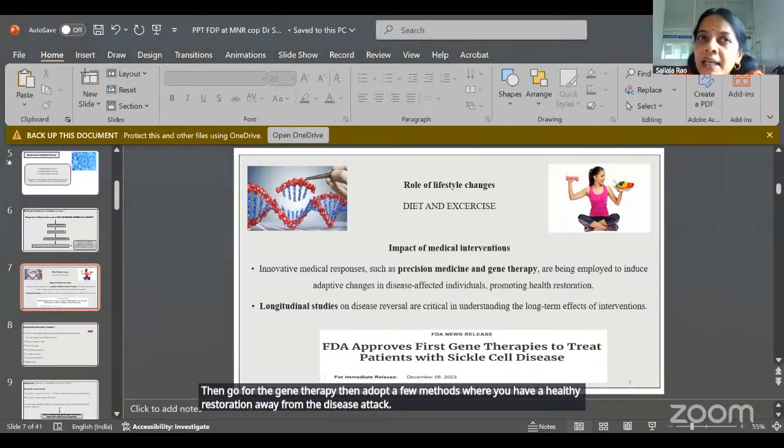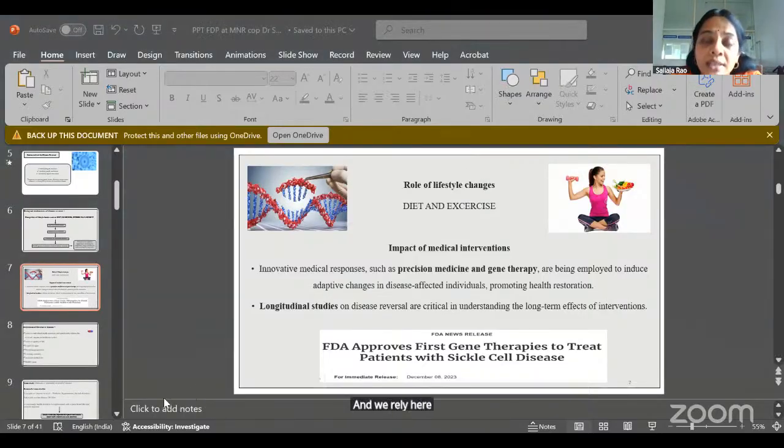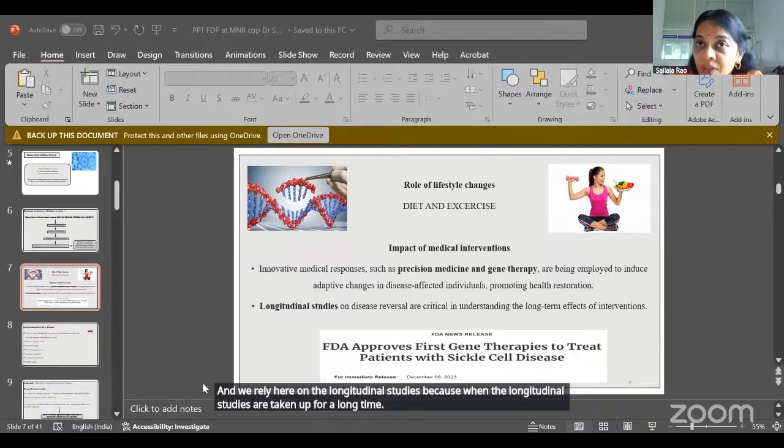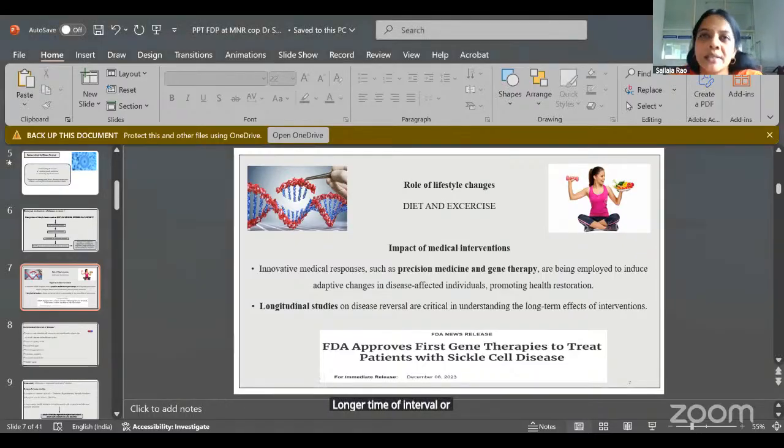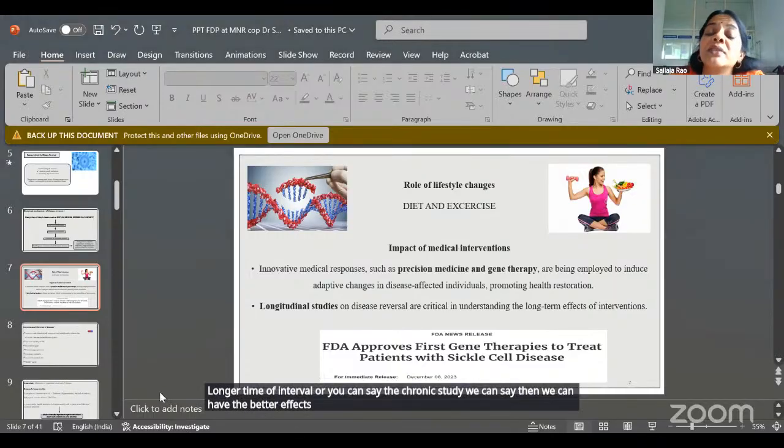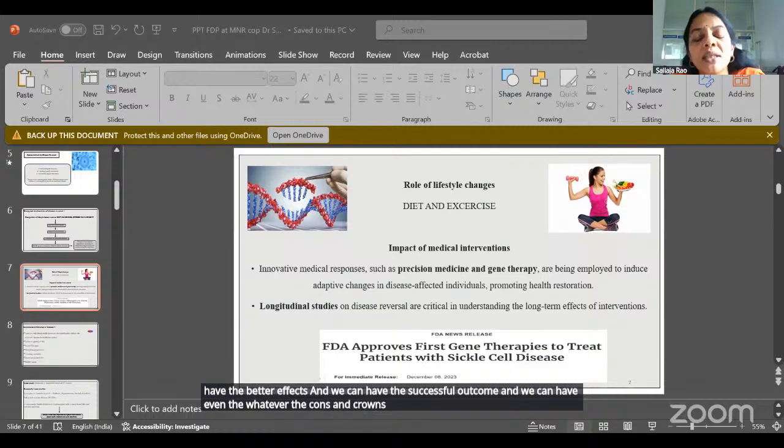And we rely here on longitudinal studies, because when longitudinal studies are taken up over a longer interval of time, the chronic study, we can have better effects and a successful outcome, and we can even judge the pros and cons. Next slide.